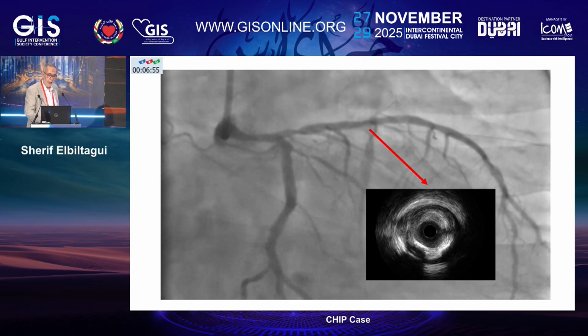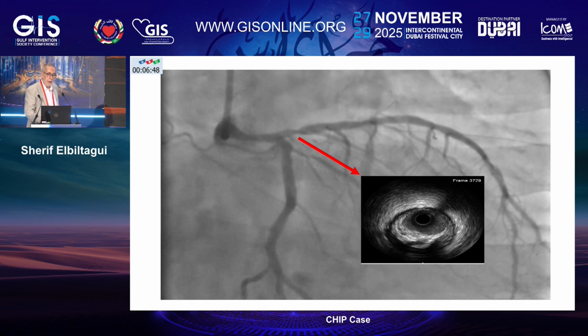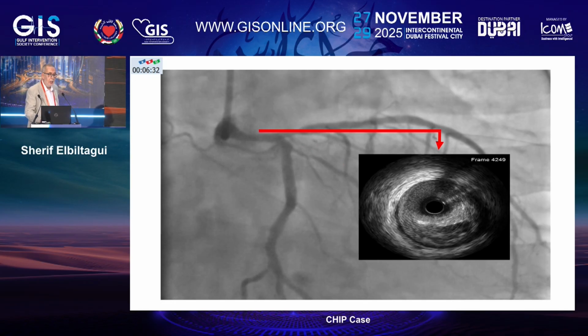I can bring up the IVUS, as you see here. Very significant calcific mid lesion in the mid LAD, and here a highly eccentric plaque in the ostial LAD, which is also calcific, and as I show you in the pullback of the IVUS run, it's completely continuous or extending to this very bulky plaque in the left main, as you see, from 3 o'clock to 9 o'clock.